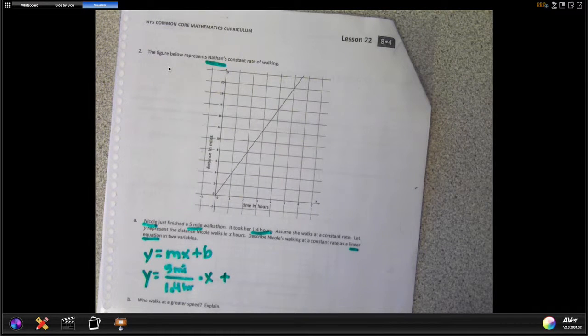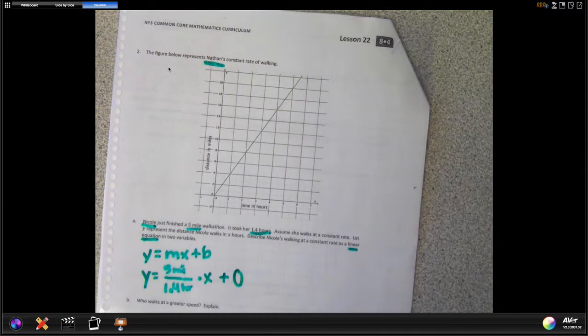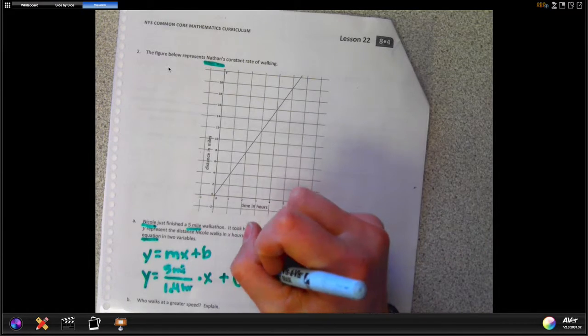So let's think about this again. In 0 hours, she would have to walk 0 miles. So again, we're starting at 0. So here's our linear equation. This is the answer to A.